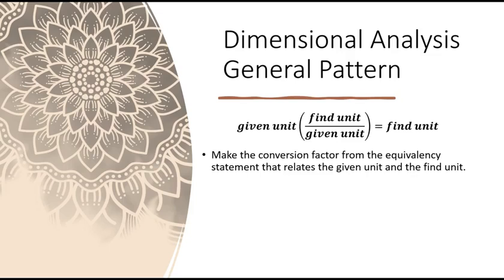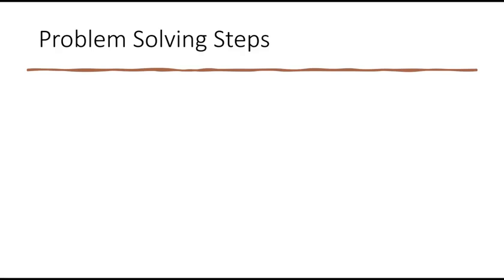Make sure the conversion factor that we make is from the equivalency statement that relates the given unit and the find unit. We treat the units algebraically. That is why they can cancel out if we have one on top and one at the bottom. They should cancel out, and we might have intermediates, by the way.